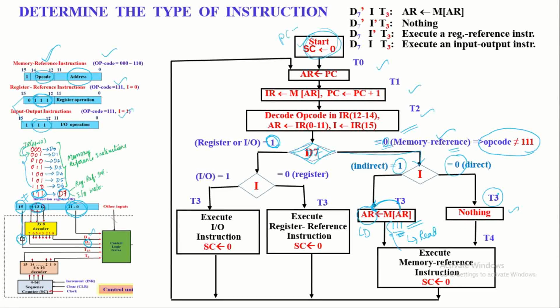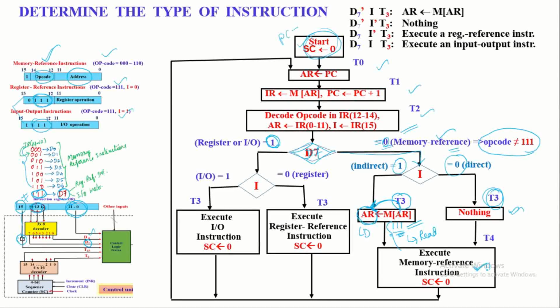Okay, so during that T3 timing signal, nothing is required if the address part of the instruction contains a direct address. But when it contains an indirect address, the effective address of the operand needs to be transferred to the address register.